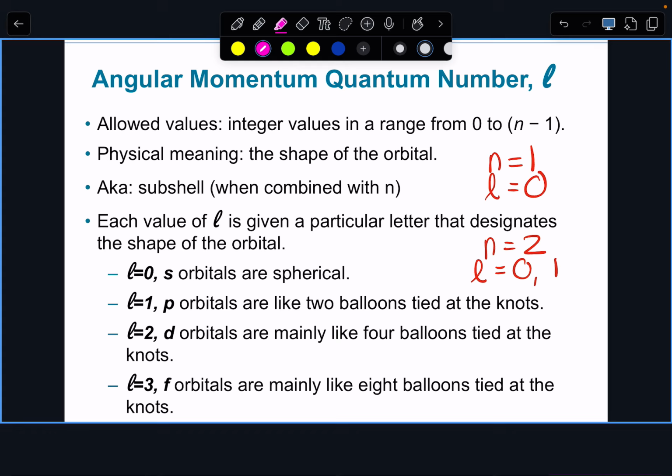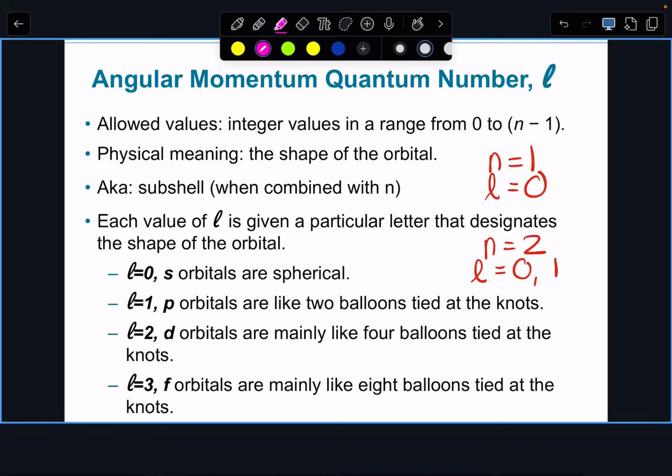And to make matters more confusing, we give the number for the L value a letter. Let me explain why we do this. If you had something that was n equals 2 and L equals 0, and you wanted to quickly tell people n equals 2, L equals 0, that's kind of a mouthful.